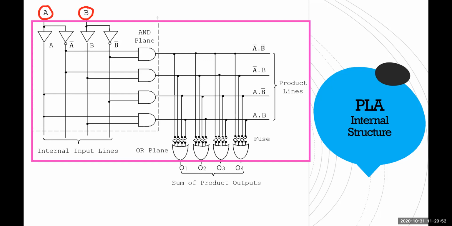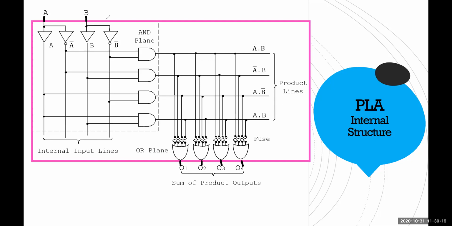These are the two pins, two inputs, and these are the four outputs. This is the IC. Inside, you have a lot of things.